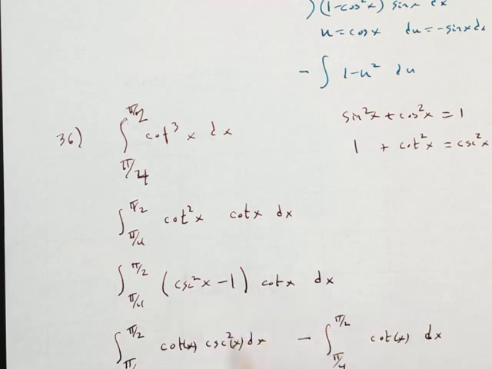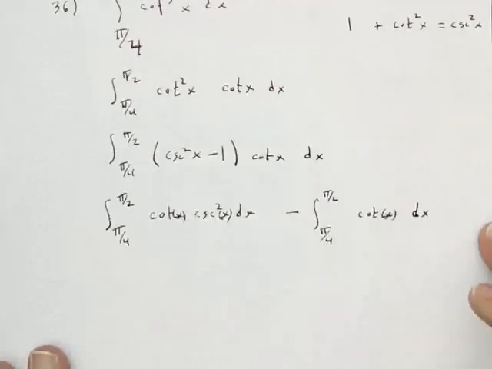So I basically multiplied the cotangent and then split it up into two pieces. You with me so far?